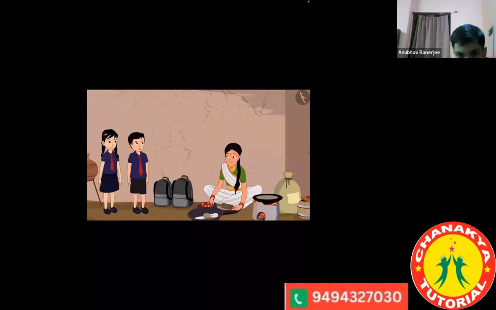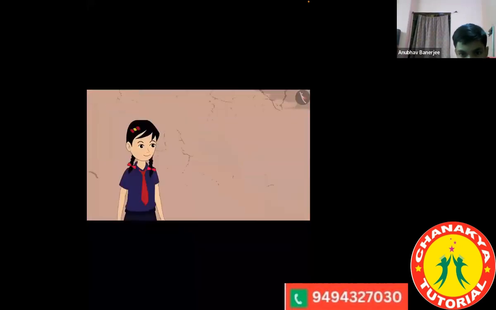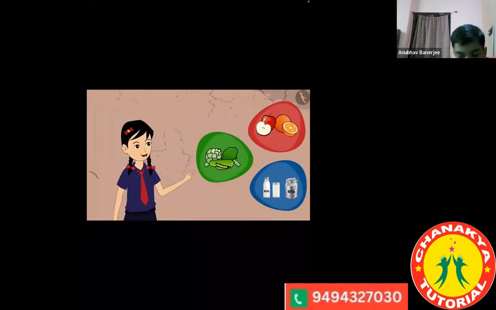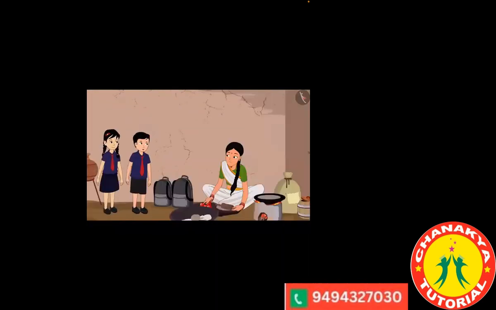I shall bring your food. Till then, eat this apple. Yes, today our science teacher was telling us that fruits, green vegetables, and milk are very important for our nutrition. Is it? Please make Sonu also understand. He does not eat fruits. Isn't it, Sonu?